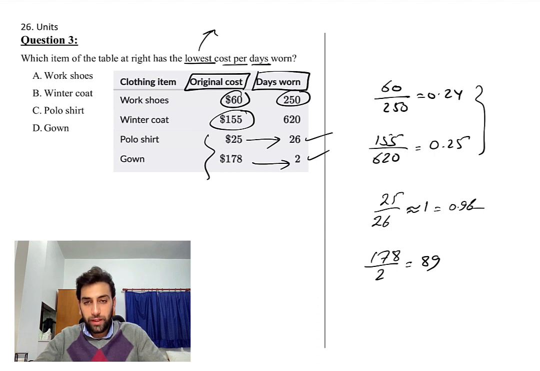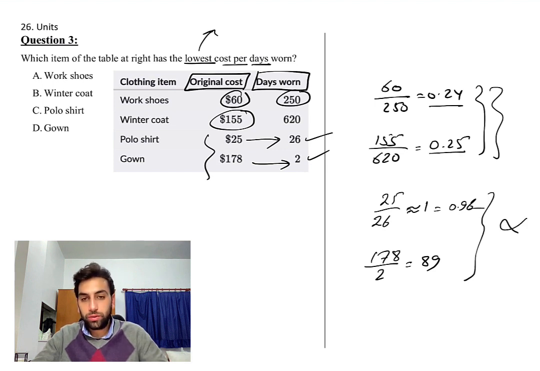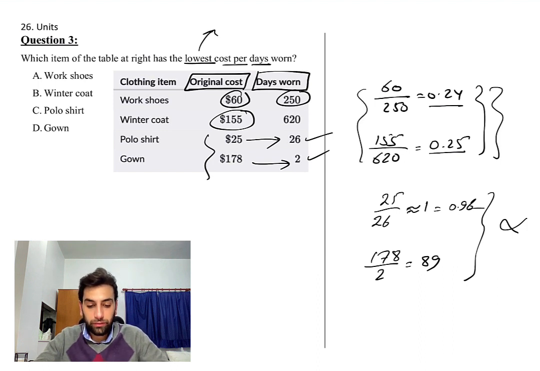Thus, my lowest value would be between the first two choices. For those two, you wouldn't need to calculate them on the calculator, but looking at the answers for the work shoes and the winter coat, the lowest one is for the work shoes, thus my answer is choice number A.